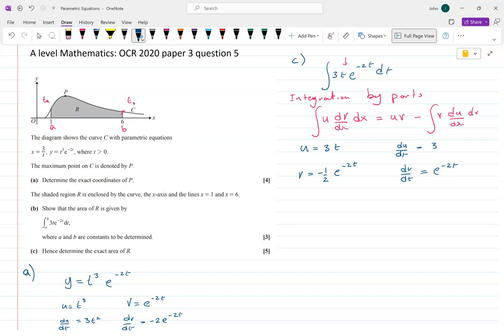So we're going to put things into this formula. We've got the integral of 3t e to the minus 2t dt equals uv, so that's these two multiplied together.